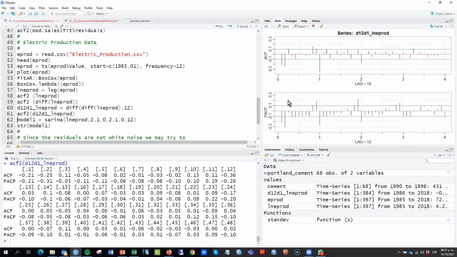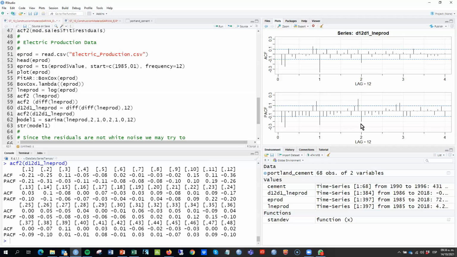Then when you look at what's going on here, it lags 12 and 24. Look at what happens at lag 12 in the PACF. At lag 12 in the PACF, you also have a significant lag at lag 12 and lag 24.